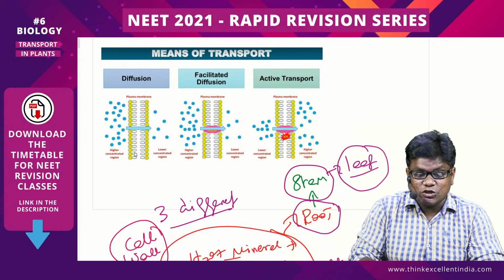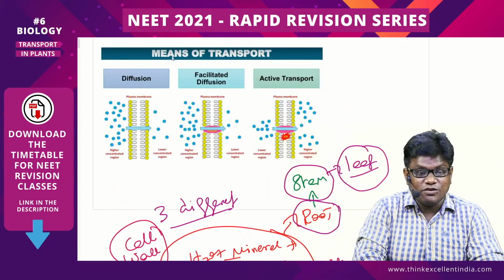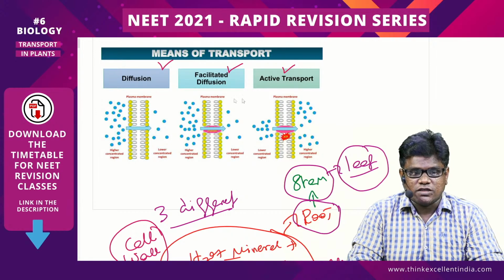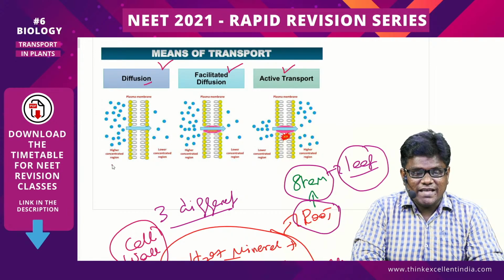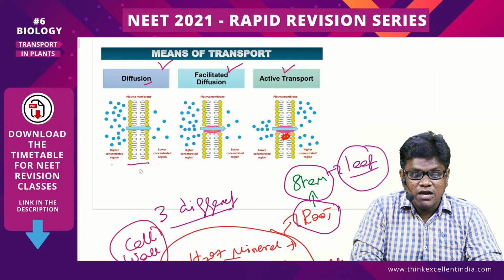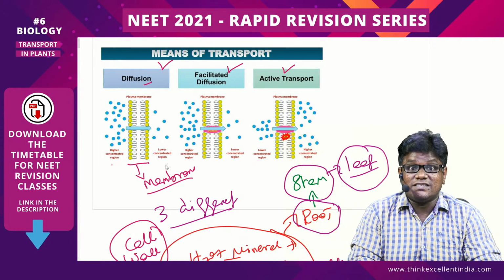But it has to cross three different types of processes, which are called diffusion, facilitated diffusion, and active transport. And diffusion means what? There is a plasma membrane. What does plasma membrane mean? Plasma membrane is a kind of membrane present inside the cell wall, after the cell wall.